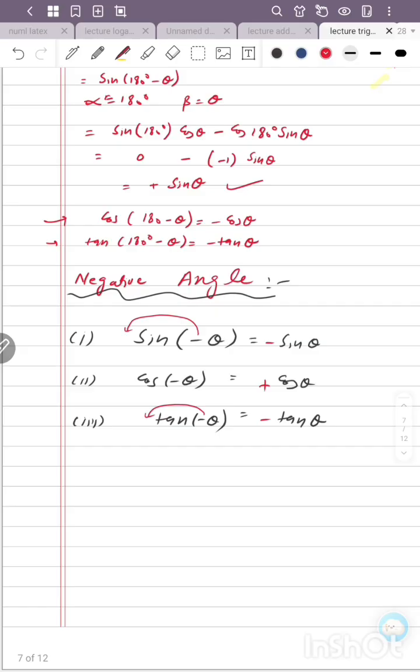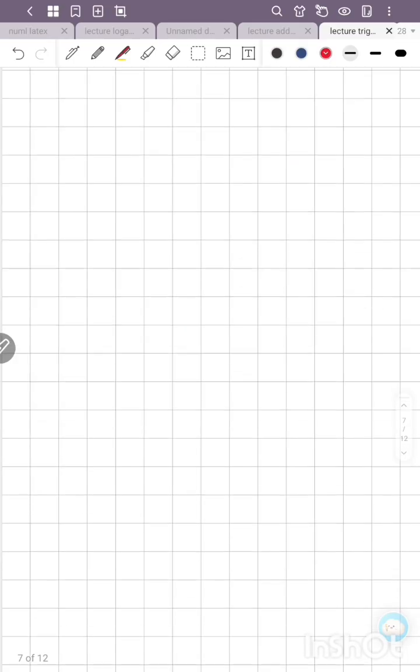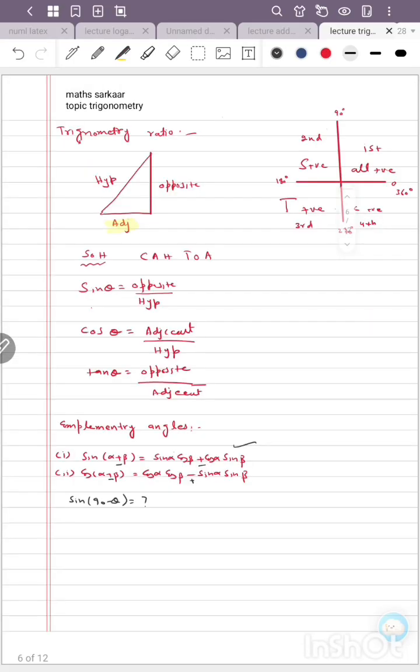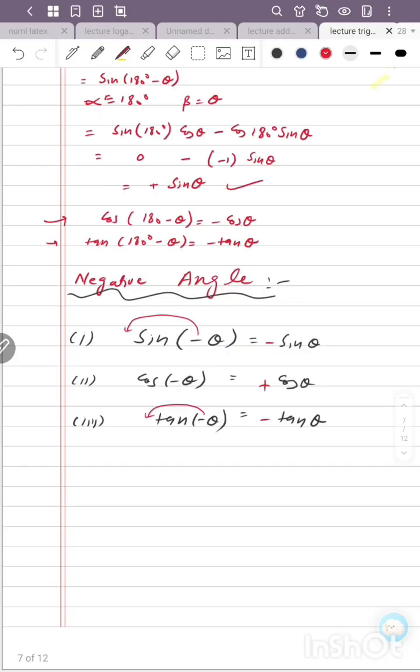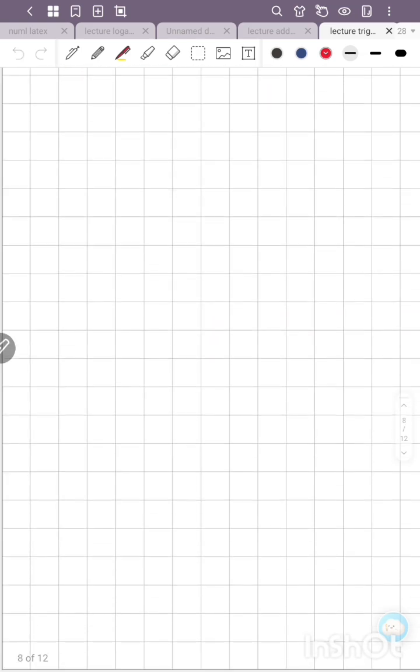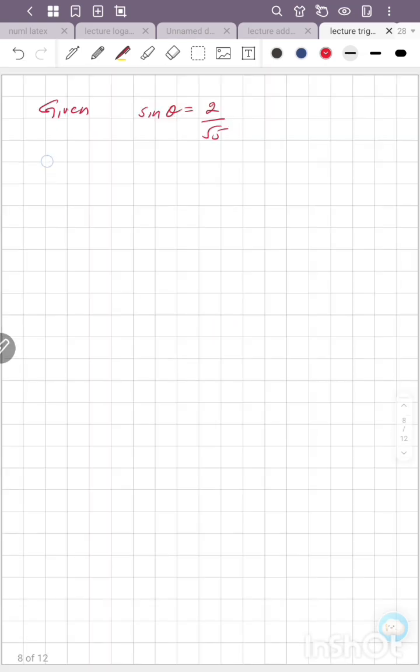Okay, dear friends, next we have a question. You have to find the value of sine square theta. So how do we find this one?